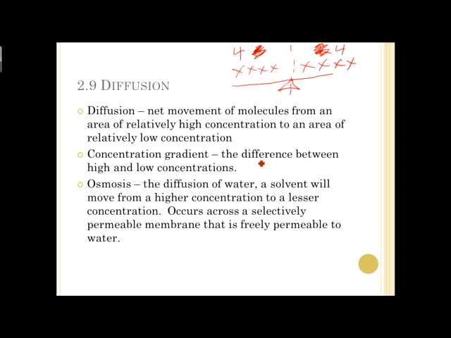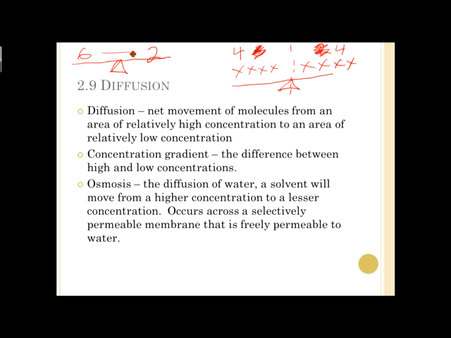Concentration gradient is the difference between high and low concentration. So the concentration gradient in our previous example was 2, because there were 6 over here and 2 over here. That's a difference of 2.